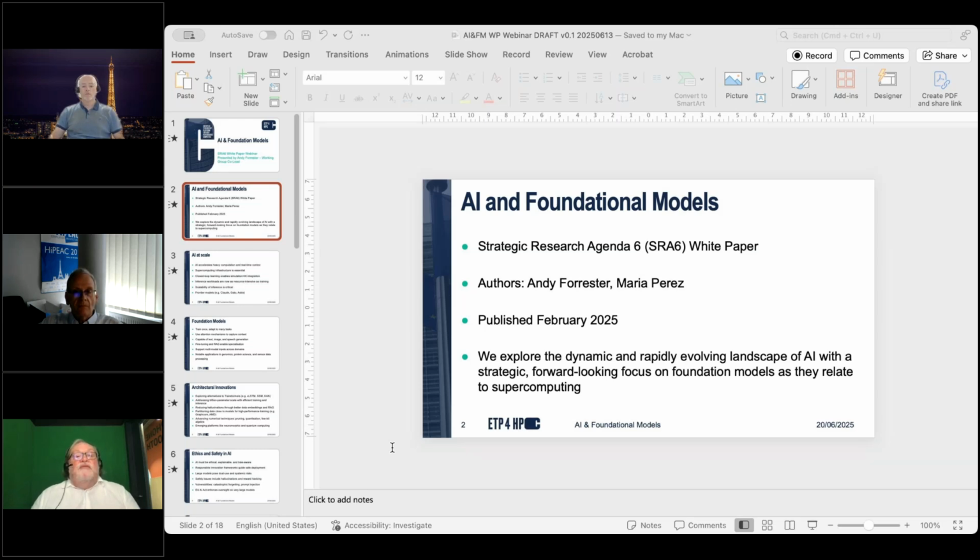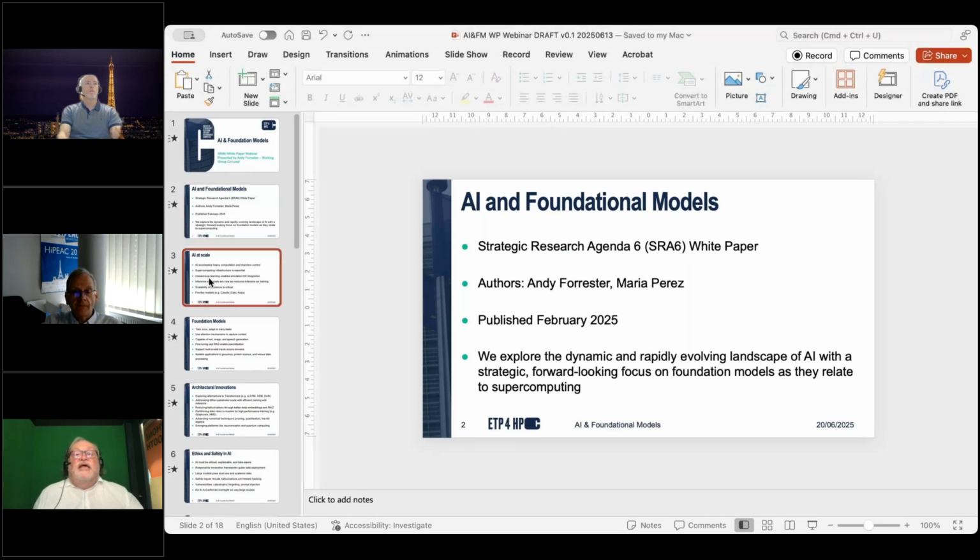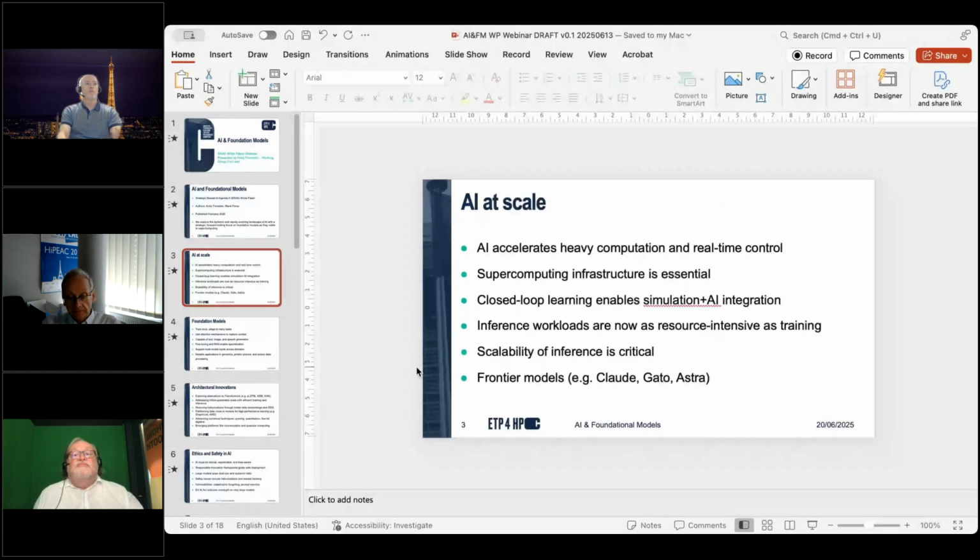So what our white paper has set out to debate is what the technological and strategic roadmap is to achieve these key objectives. So let's look at AI at scale.